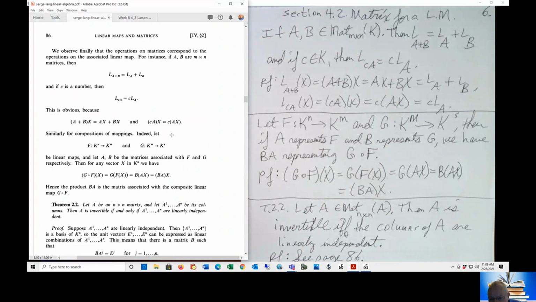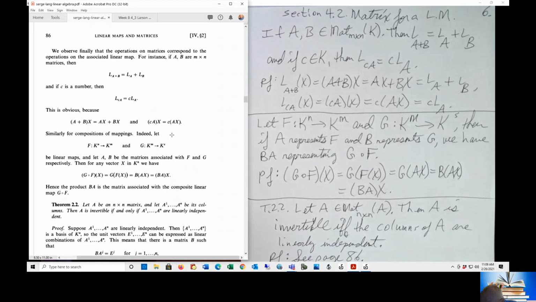By definition, L sub A plus B of X would be A plus B times X. But it distributes, AX plus BX, so that's L sub A plus L sub B. And similarly, L sub CA of X is CA times X, which is C times AX, which is C times L sub A. So that's easy to see.